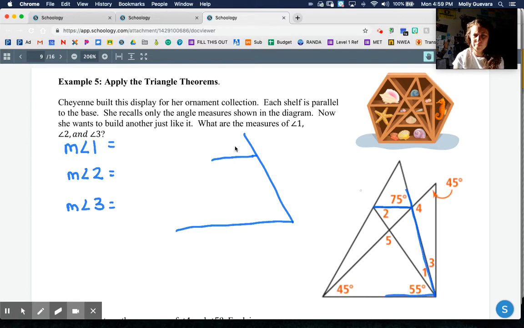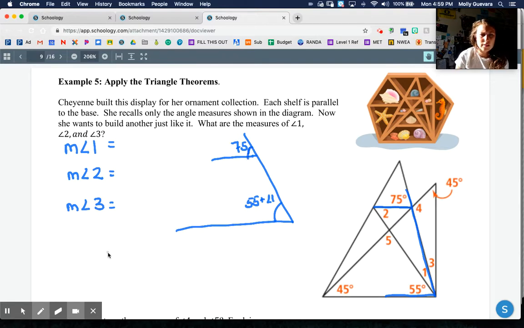This I know is 75. And this angle right here is 55 plus angle 1. So here's 55 plus angle 1. So those two angles together are the same as 75 because they are corresponding.